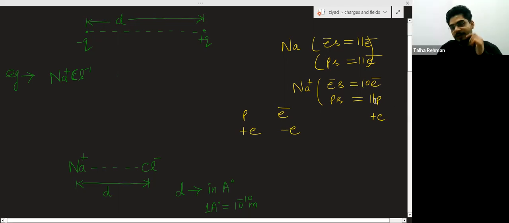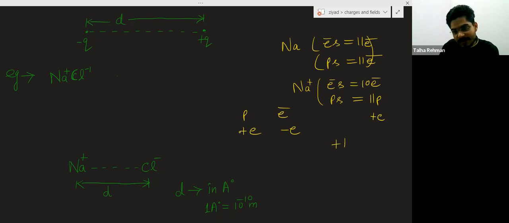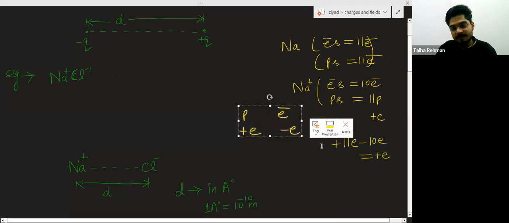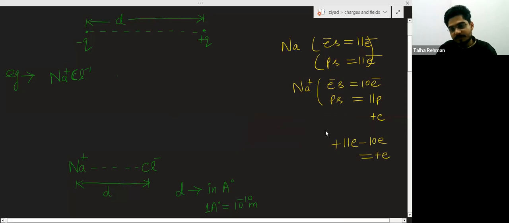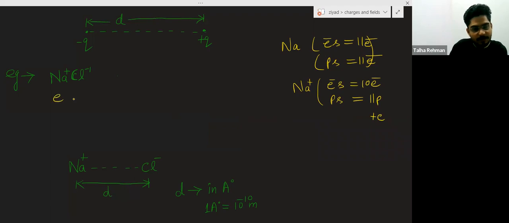So you have 11 times plus e and minus 10 e, so you get only plus e. That is why this represents e positive, and this is separated by e negative.